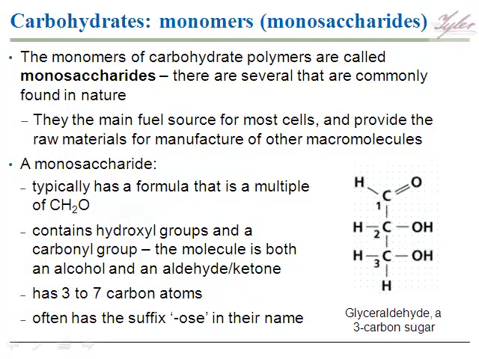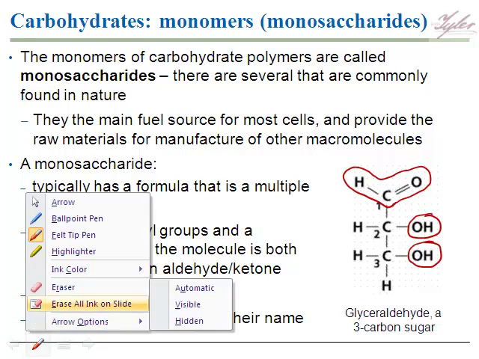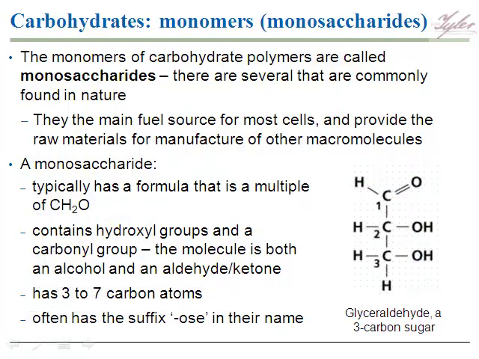They usually have hydroxyl groups and a carbonyl group. Check it out. There's the carbonyl group, and there's the hydroxyls that you see. And the molecule is both an alcohol and an aldehyde or ketone. It has 3 to 7 carbon atoms, and it often has OS in its name. All right. Here's glyceraldehyde. Of course, the exception to the rule to the OS.